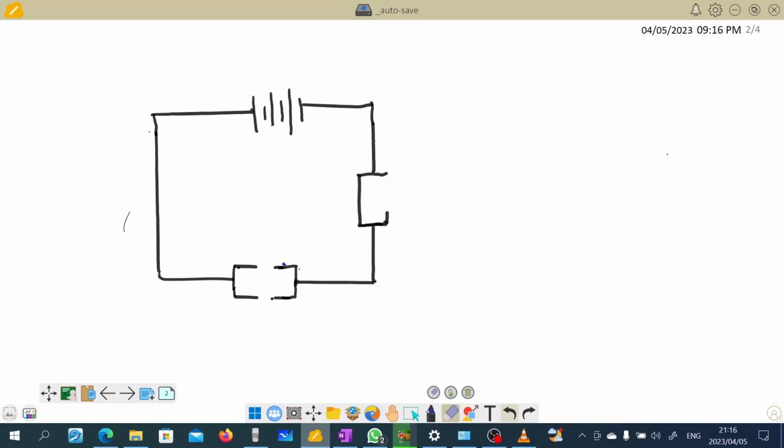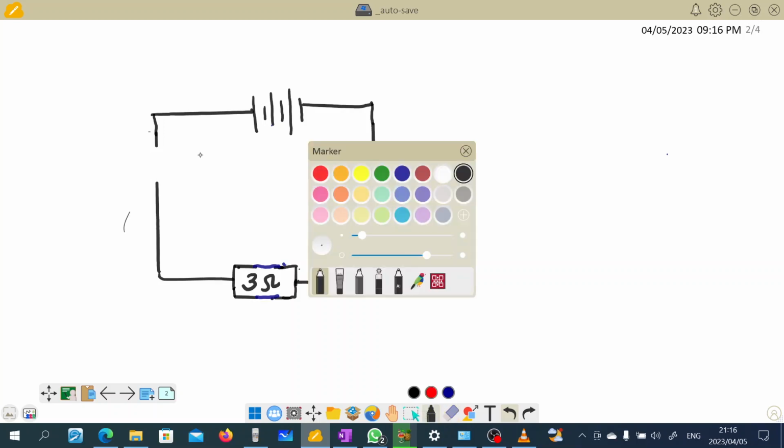Imagine now this is your 3 ohm. Then this is your 4 ohm. Now the 6 ohm has been removed. We don't have a 6 ohm here. And then on this other side, we have that ammeter, which is ammeter A1.